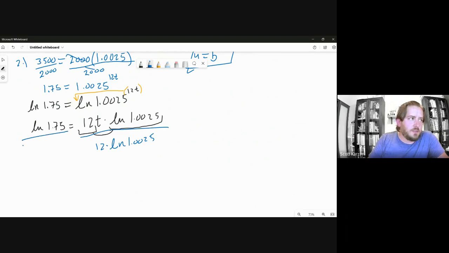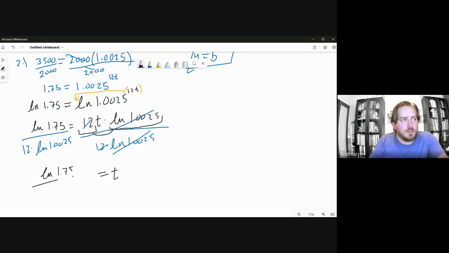And on the left, I'll divide out 12 times the natural log of 1.0025. The natural logs cancel out. The 12 cancels out. That isolates just a t on the right-hand side. And on the left-hand side, our exact value is the natural log of 1.75 divided by 12 times the natural log of 1.0025.